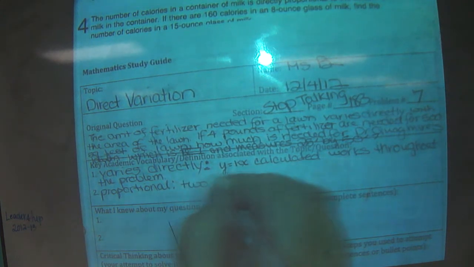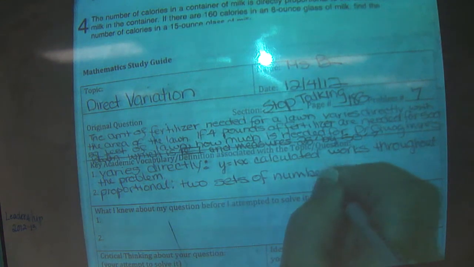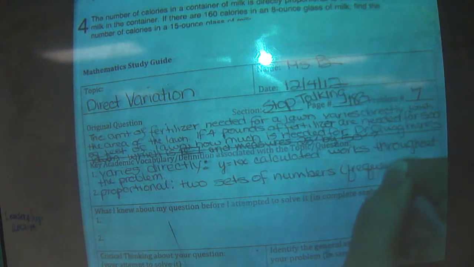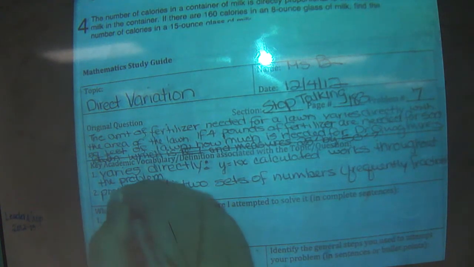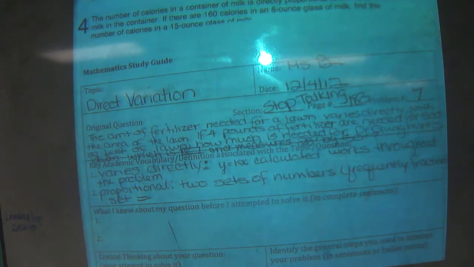So two sets of numbers, we'll call it frequently fractions, sorry about my horrible handwriting, set equal. Does that make sense? So it's like 1/2 equal to 2/4. They're proportional.